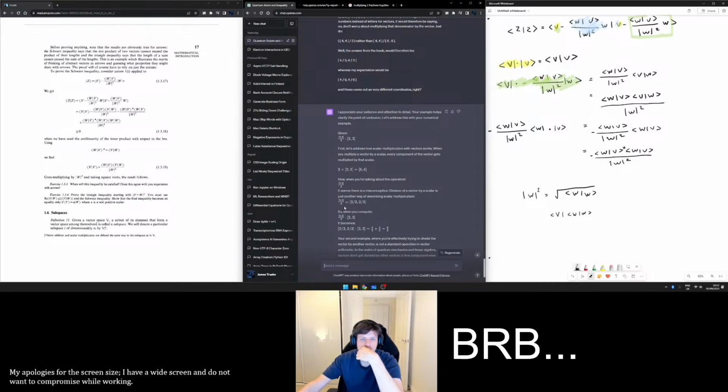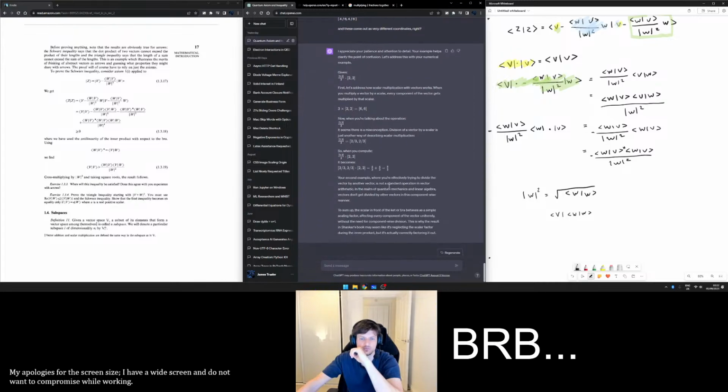Division of a vector by a scalar is just another way of describing scalar multiplication. 2 over 3, 2 over 3, that's what I did. So when you compute, it becomes 2 over 3, 2 over 3, times 2 over 2, 4 over 3, plus 4 over 3 equals 8 over 3. Your second example, where you're effectively trying to divide the vector by another vector, is not a standard operation in vector arithmetic. In the realm of quantum mechanics and linear algebra, vectors don't get divided by other vectors in this component-wise manner.